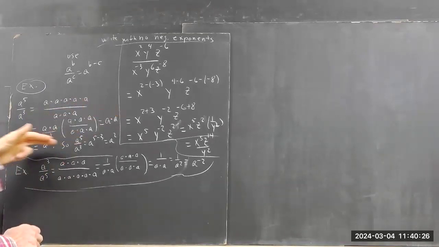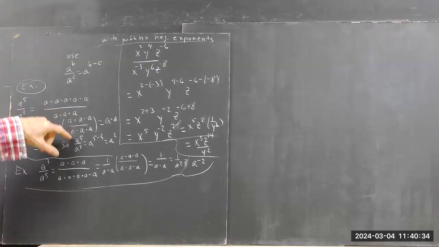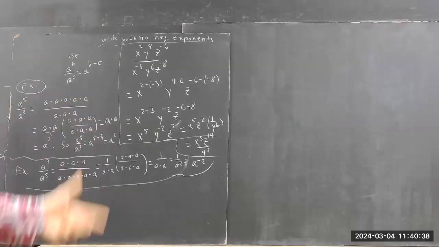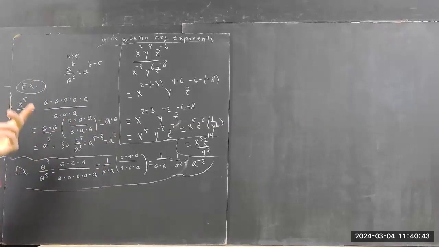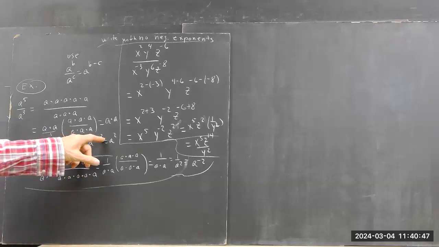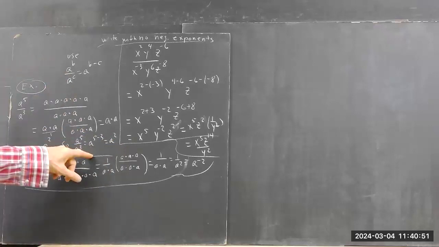So you get numerator times numerator, denominator times denominator. It's kind of a good idea to do that until you're really, really secure with this. And then you have 3 a's here and the 3 a's here, which obviously when divided give you 1. And you end up with a times a, which is a squared. So we confirmed that a to the 5th over a to the 3rd is a to the 5 minus 3, which is a squared. The formula works.